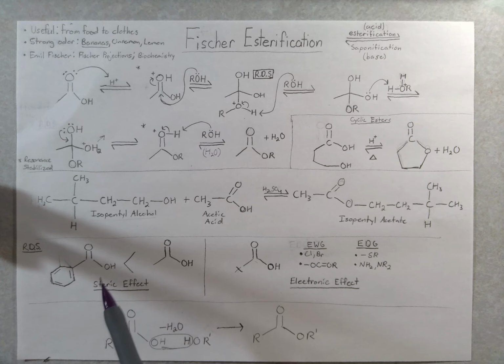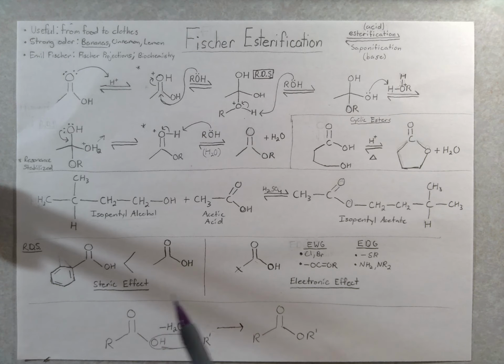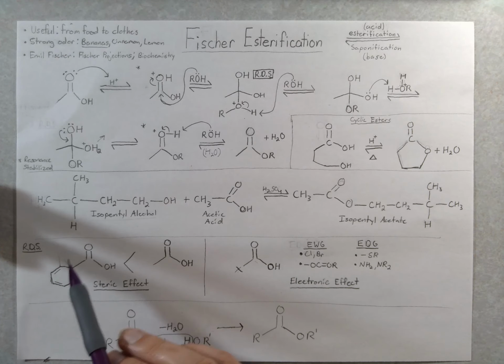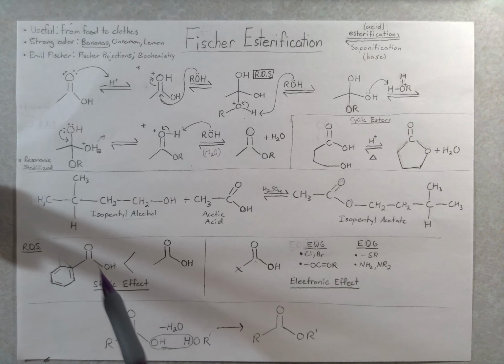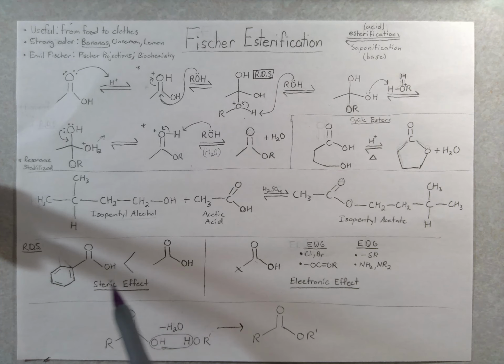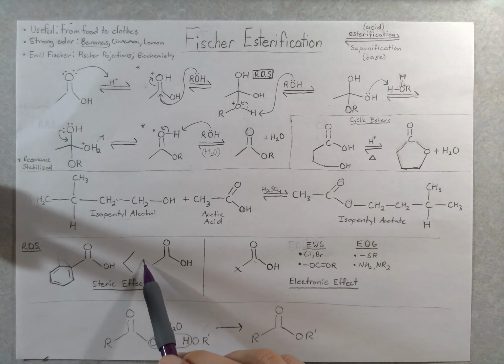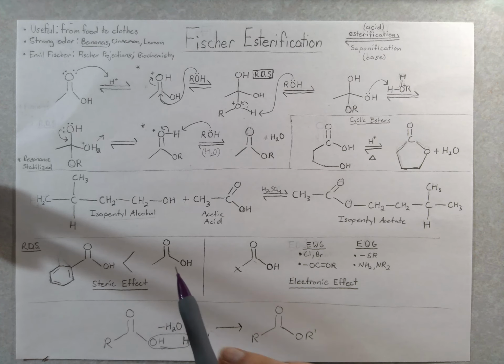So, as you know, the more sterically hindered the carbonyl carbon is, the less likely it is for the nucleophile to attack it. So if you have a big substituent on the alpha or the beta carbon of the carbonyl group, then it's going to be very hard for the nucleophile to get to the carbonyl carbon to attach. So the smaller the substituent on the alpha or beta carbon, if it has one, then the quicker this overall reaction will proceed.